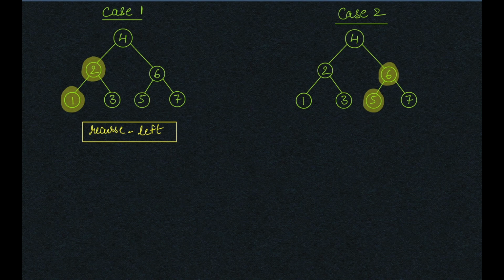Let's look at case 2. In this case 2, the value of P and Q in this binary search tree is going to be 6 and 5. So these 6 and 5 are occurring on the right subtree of this binary search tree. So in this case, we are going to recurse right. Okay, let's recurse right.